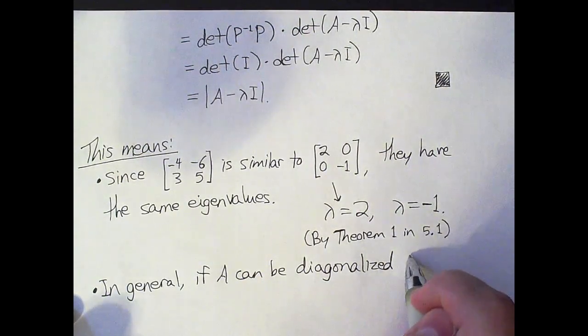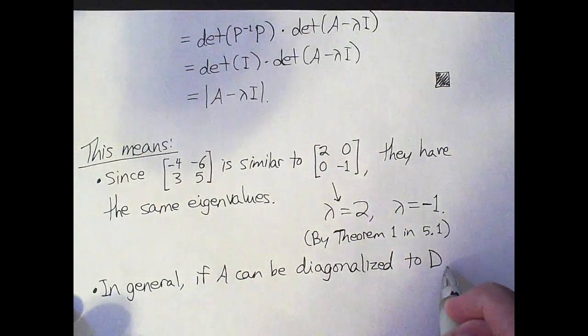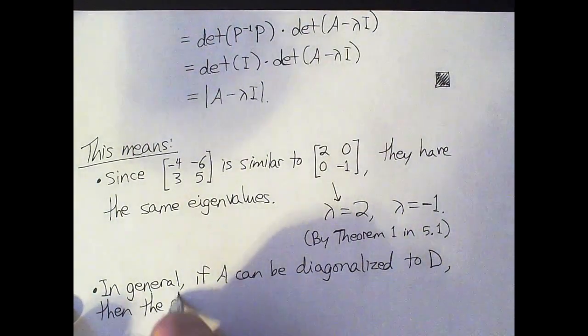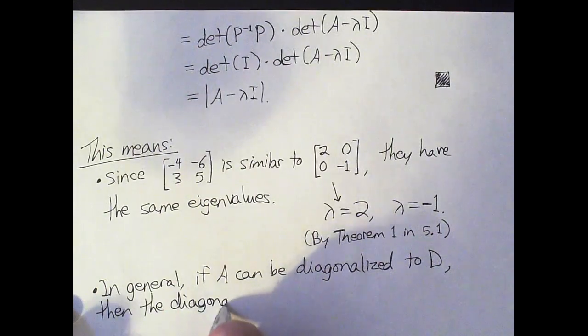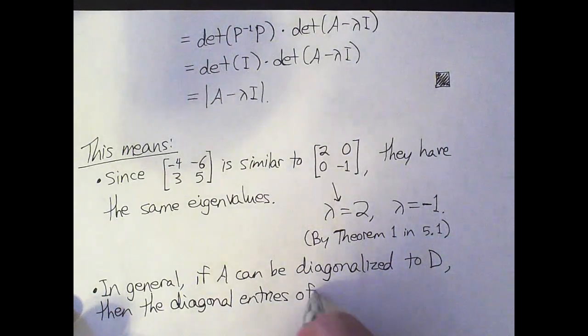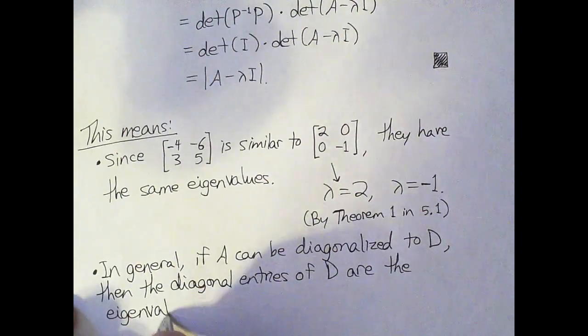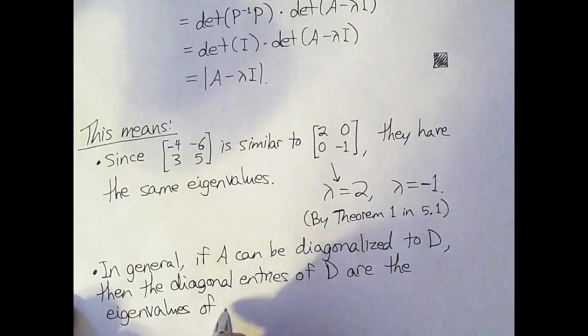But if A can be diagonalized to D, then the diagonal entries of D are the eigenvalues of A.